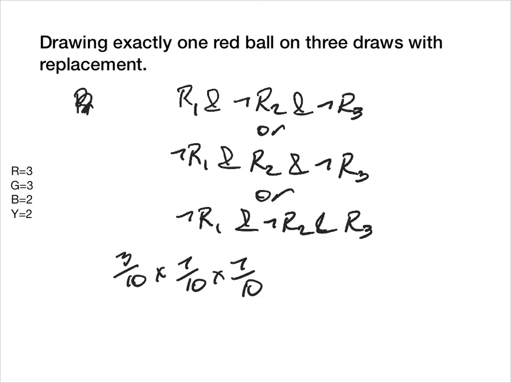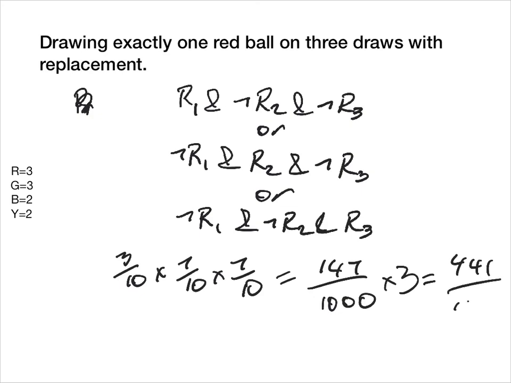Okay, so this comes out to be 147 over 1,000. We multiply that times 3, and that gets us 441 over 1,000. Numbers get big, but it's really not that hard to figure out what to do.